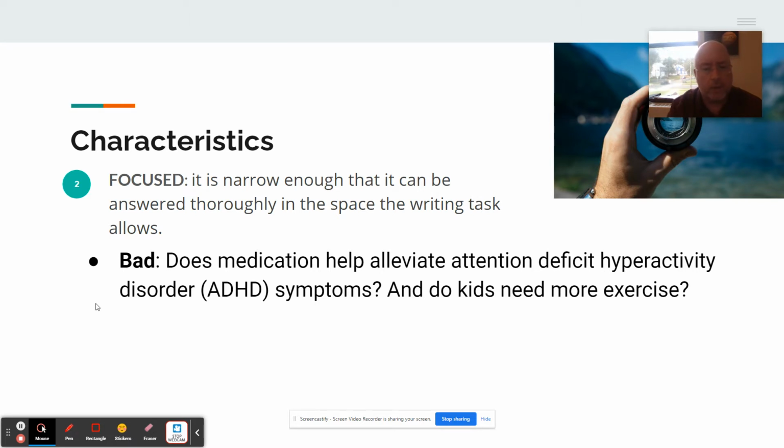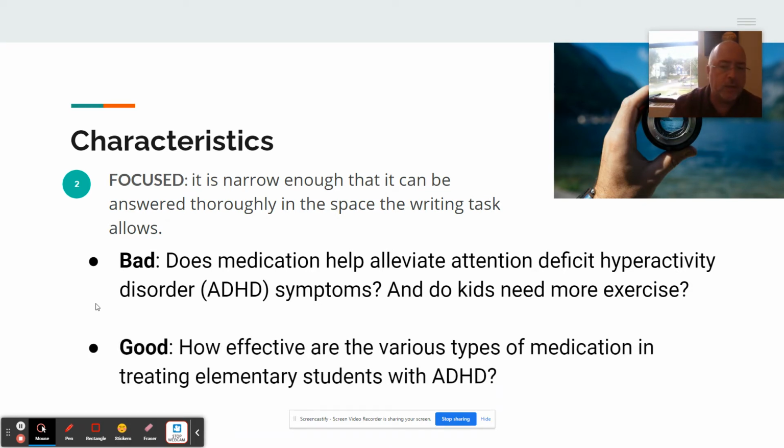And do kids need more exercise? So the first half, we're talking about medications, but what medications? Like, which one? It's still not very focused. As opposed to, do kids need more exercise, which is like a whole other paper, the relationship between exercise and ADHD. Both can be turned into something, but they're kind of still all over the place.